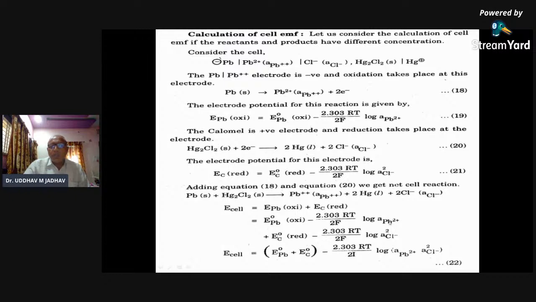Here, log of activity of Pb2+ plus log of activity of Cl- ion, according to the rules of logarithm, can be written as a product of activities. By having this, we can write the equation: E cell is equal to E naught Pb plus E naught calomel minus 2.303 RT upon 2F log of activity of Pb2+ into activity of Cl- raised to 2.